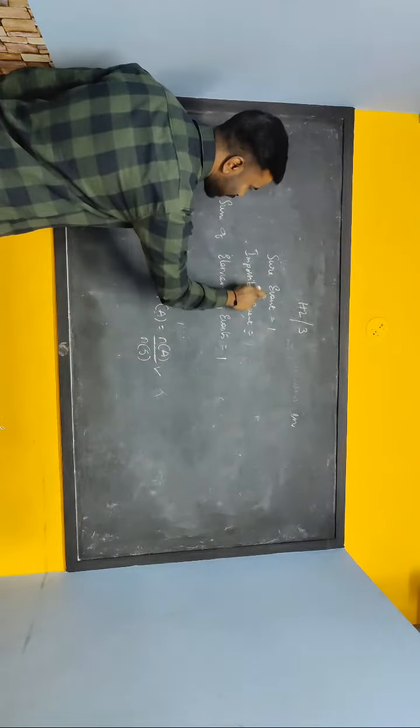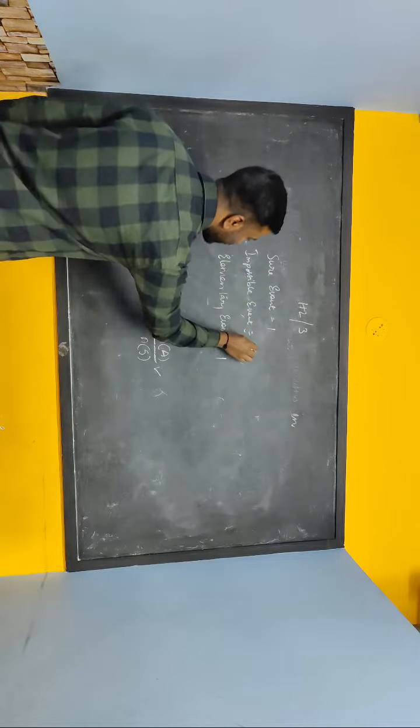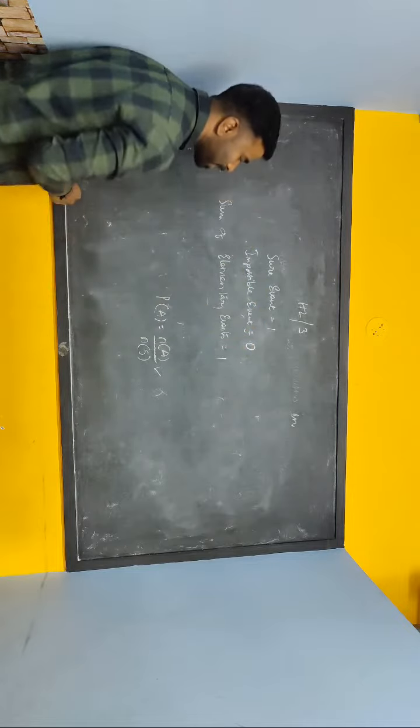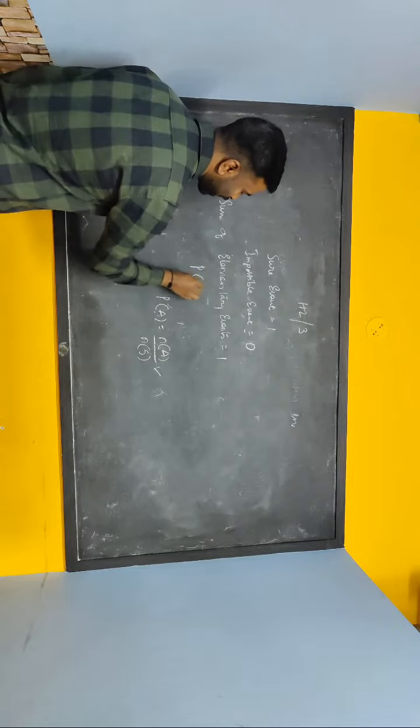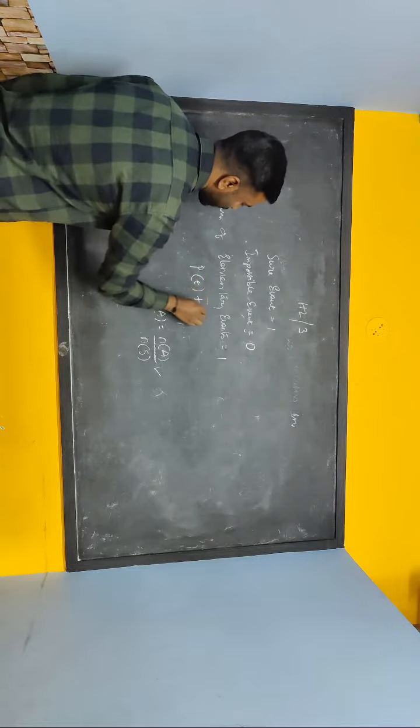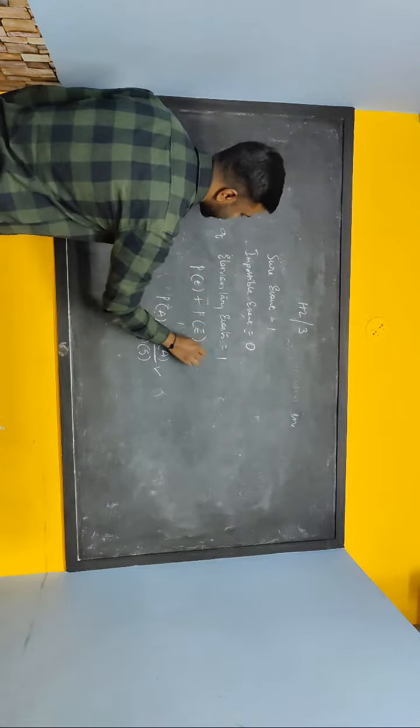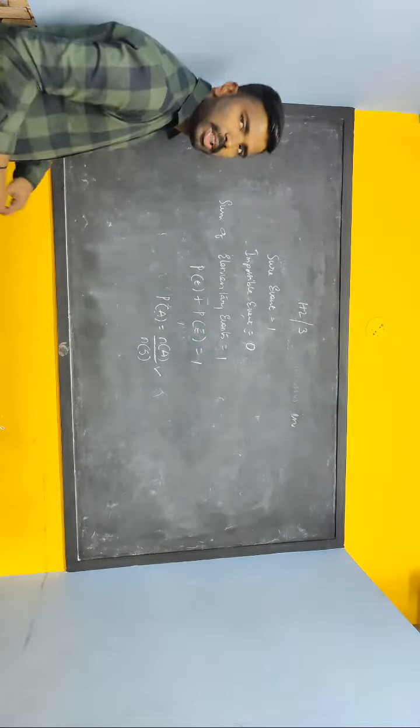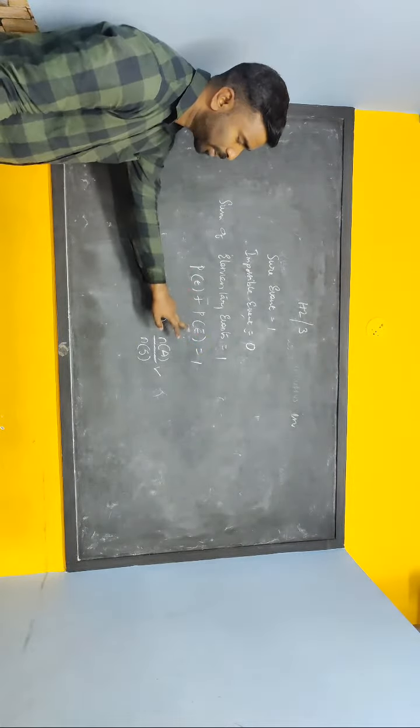The probability of a sure event is 1. The probability of an impossible event is 0. And the probability of an event and its complement sums to 1.